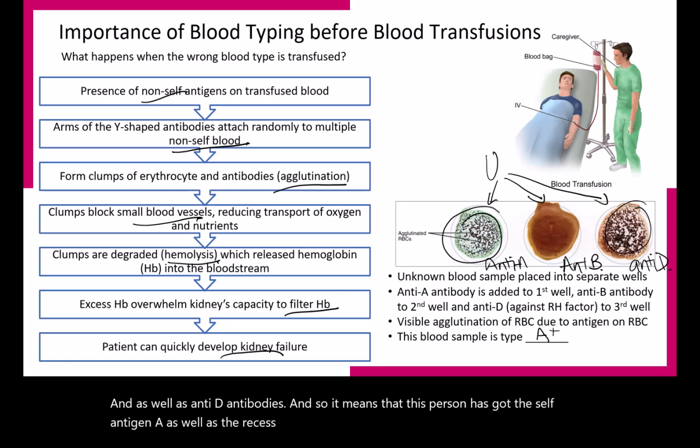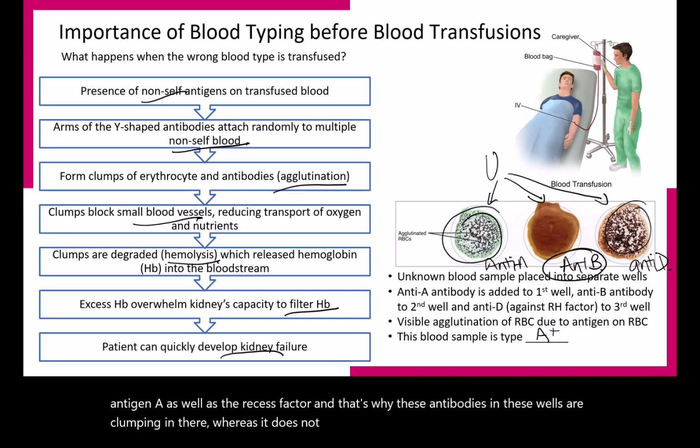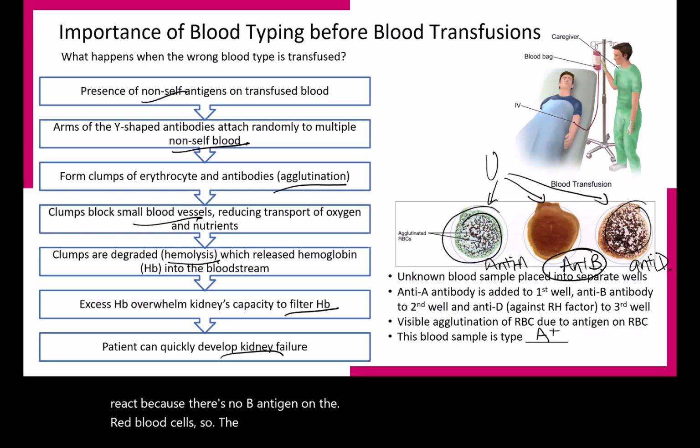And that's why these antibodies in these wells are clumping, whereas it does not have the B antigen. And so the anti-B doesn't react because there's no B antigen on the red blood cells. So this blood sample is type A positive.